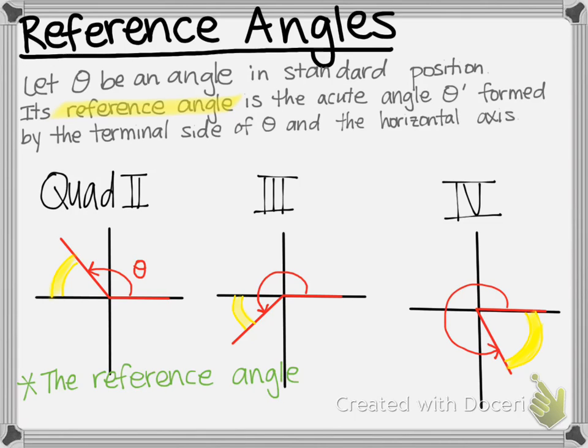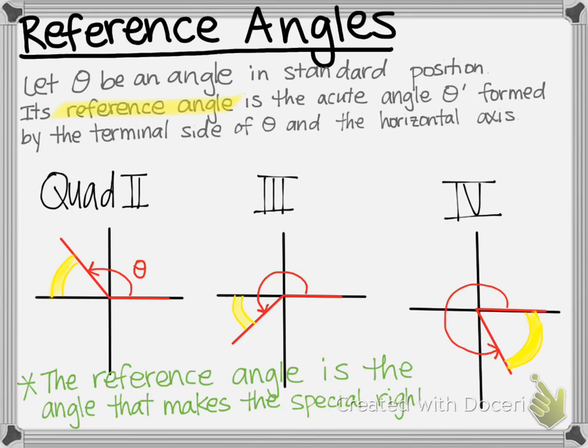So to think about it, the reference angle is the angle that makes the special right triangle. So there's our special right triangle, there's our special right triangle, and then there's our special right triangle.